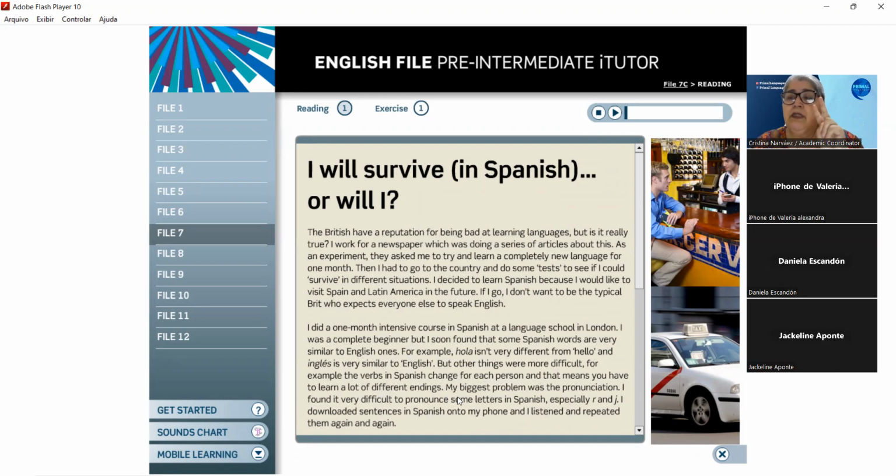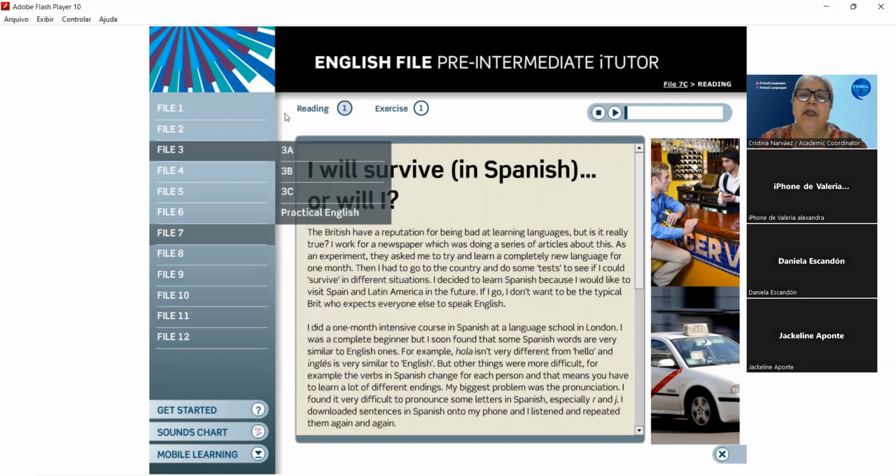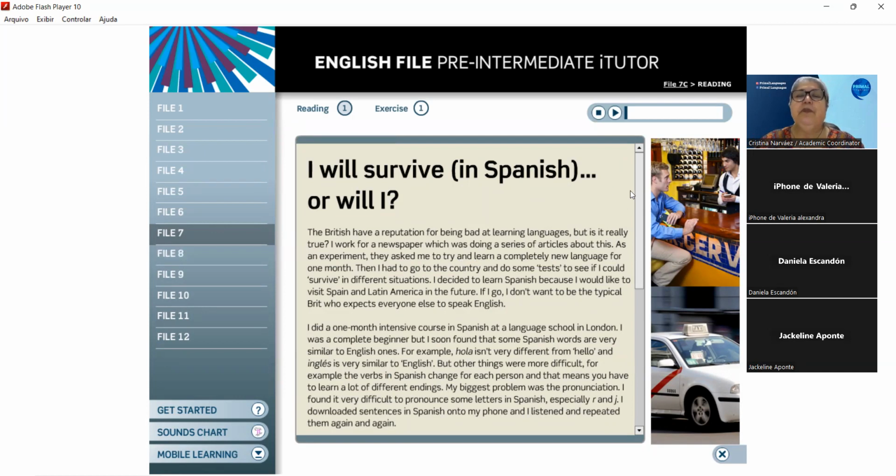Nosotros aprendemos solamente 2 endings. For example, I, you, we and they work, and he, she, it works. Y ellos tienen que aprender, yo trabajo, tú trabajas, él trabaja, trabajamos, trabajáis, trabajan. 6, pobrecitos. ¿Ok? Entonces, yo también tengo que ser empática, los pobrecitos sufren mucho.